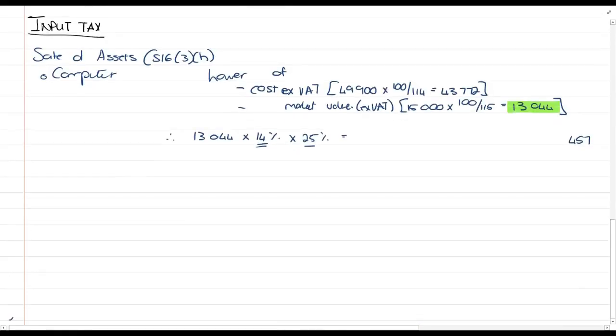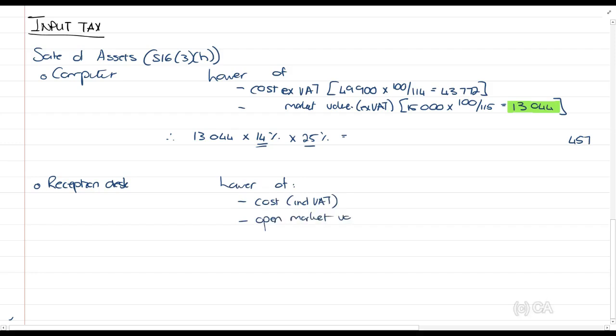Then we have to go to our input tax section. So now we can claim additional input tax on this reception desk under section 16.3H as well, because we only claimed 75% originally. But now, guys, we say, as the Act says, lower of the cost, including VAT, and the open market value.